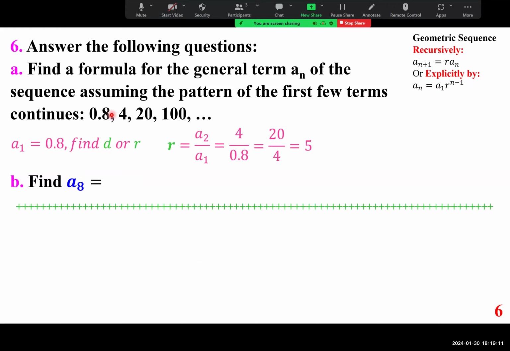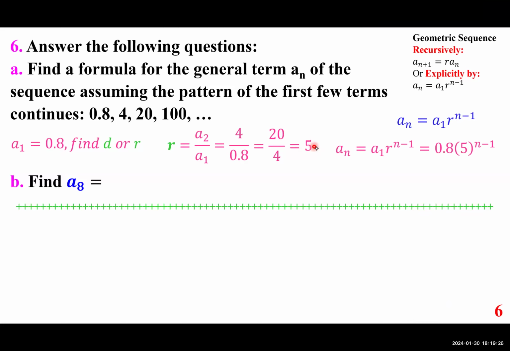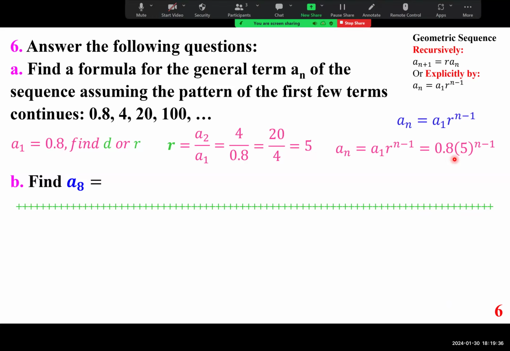So A sub 1 is 0.8, and r is 5. So this is a general formula. A sub n is 0.8 times 5 to the power of n minus 1. You have to keep the 5 in parentheses because of the 0.8.